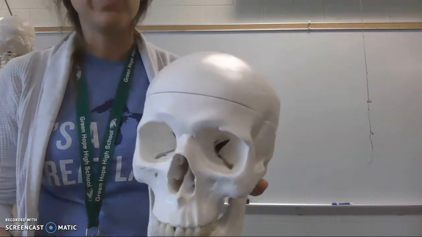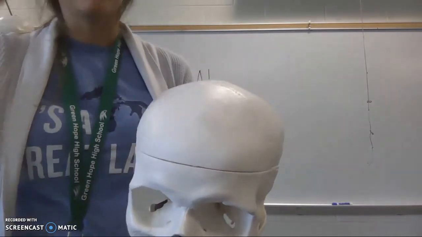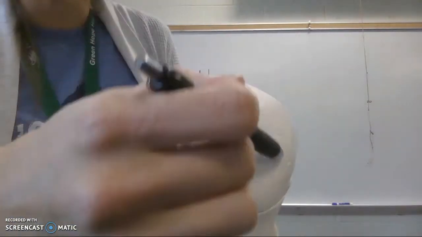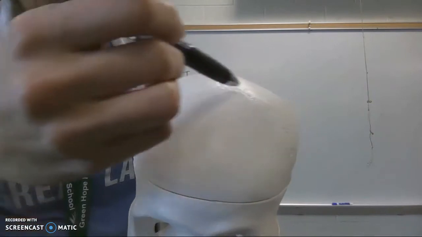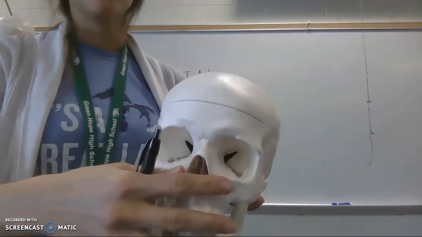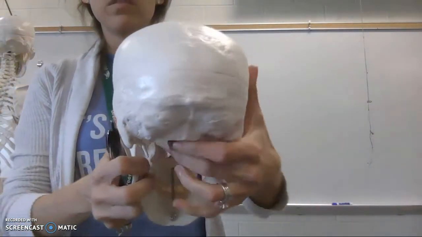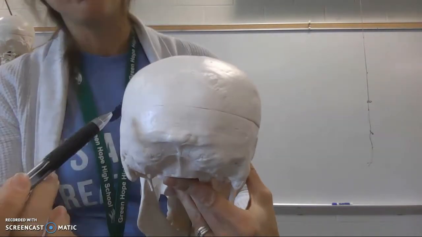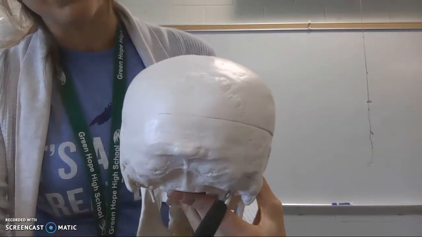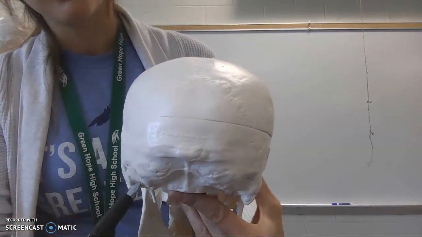The next bone we need to be aware of is the frontal bone, and that is the large bone on the front of the skull, the frontal bone. The occipital bone is the large bone that is on the back of the skull.